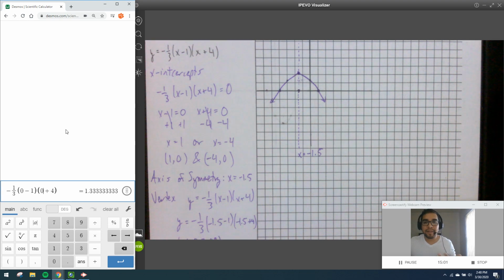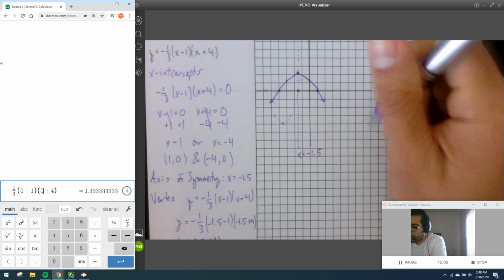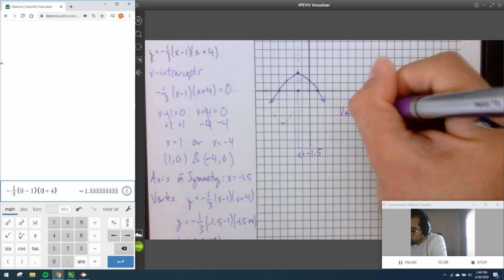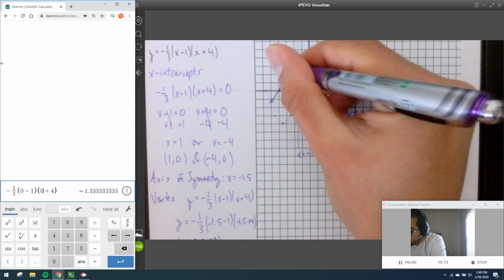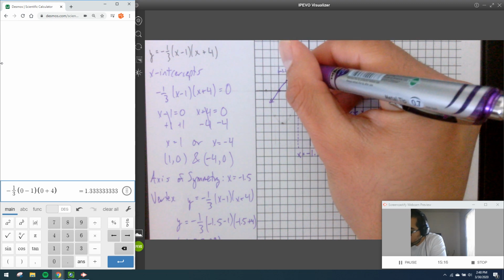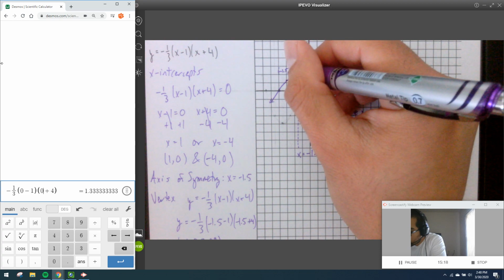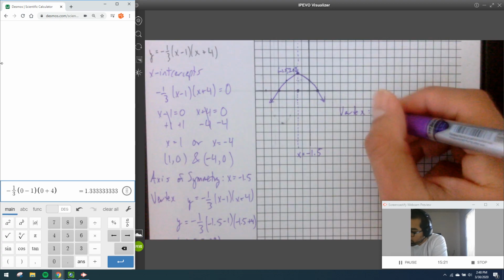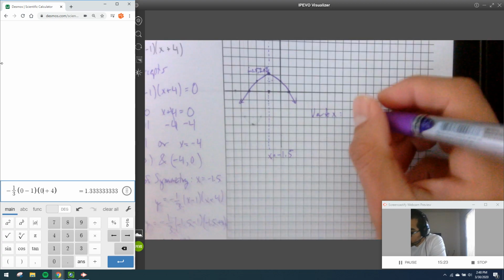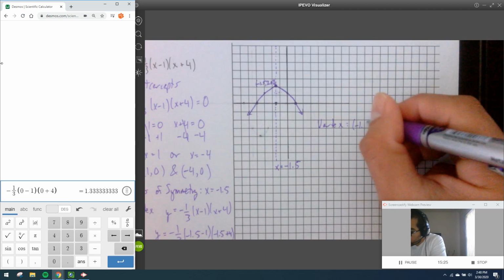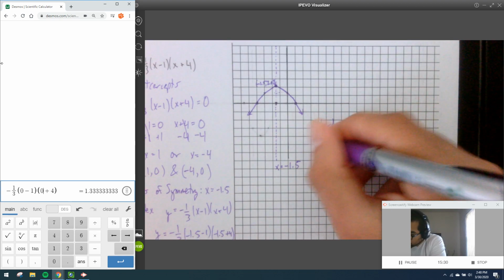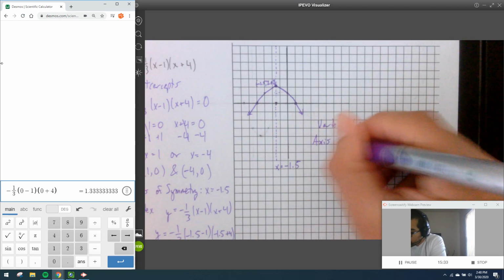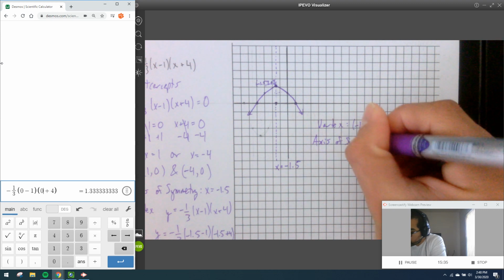Okay. Now that I have that there, I'm going to go ahead and put my key features together. Okay. My vertex is right here, which is (-1.5, 2.08). Close it. All right, axis of symmetry. I'm going to abbreviate it.